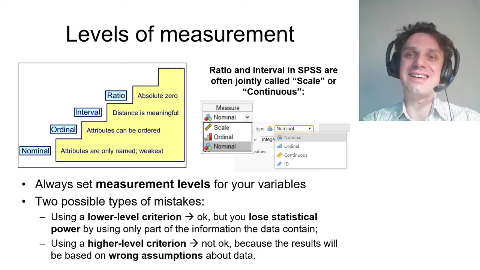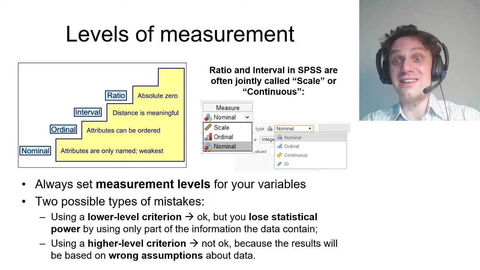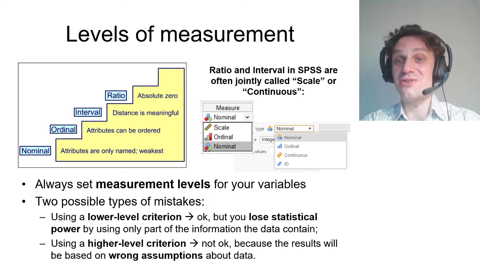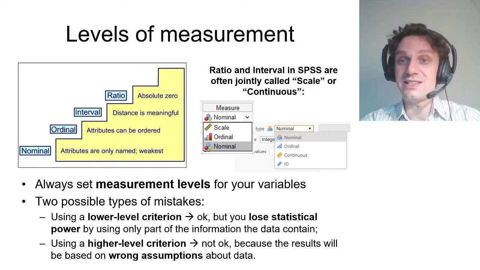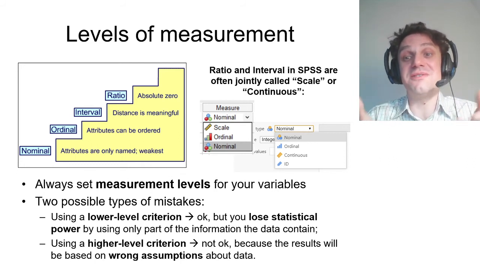And what happens if we don't set the level of measurement, or if we misapply statistics? If your scale is interval, and you apply some statistic that assumes an ordinal scale, you don't have any problems. Your results will be correct, but you will lose statistical power, because your statistical test will not use all the information in your data.